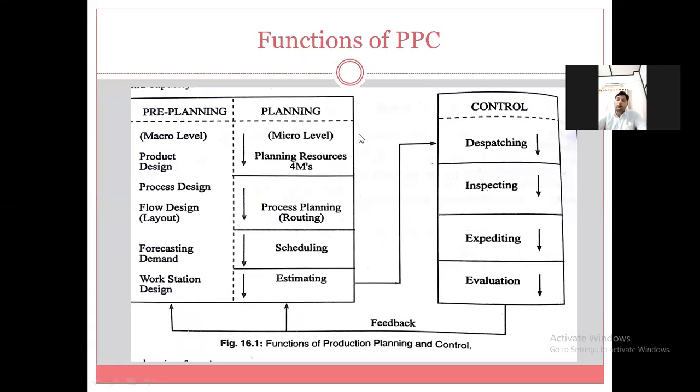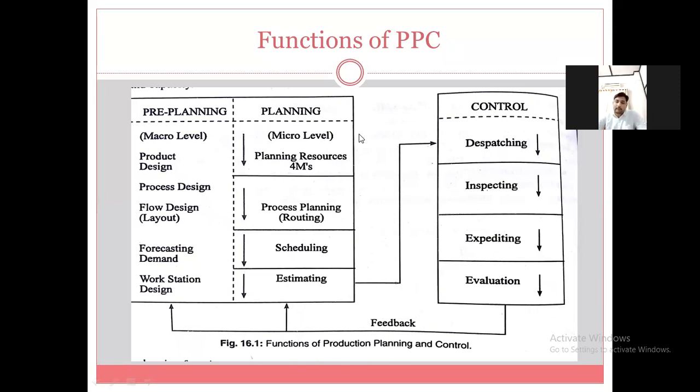So all these things related to methodologies are alternatives. Okay, you have multiple alternatives, but you have to select the best alternative for the product. That will be the planning related to the methodology.